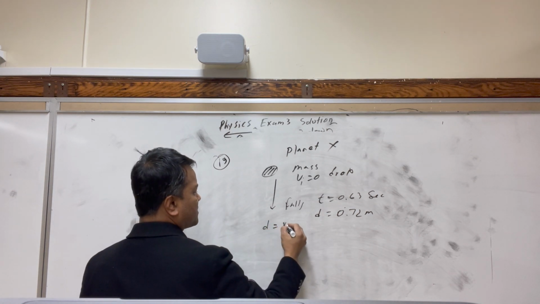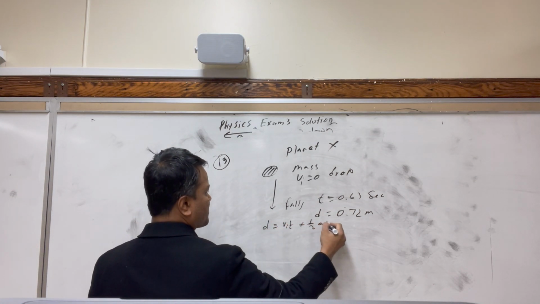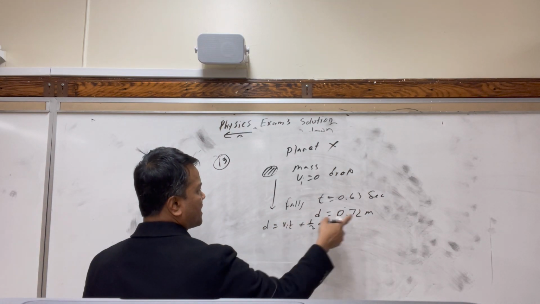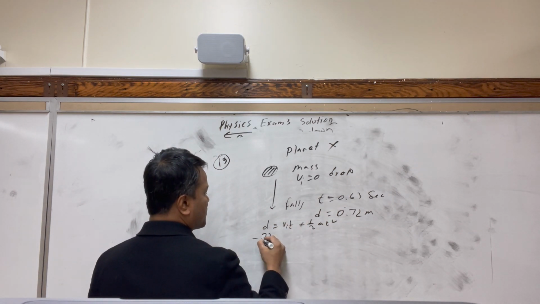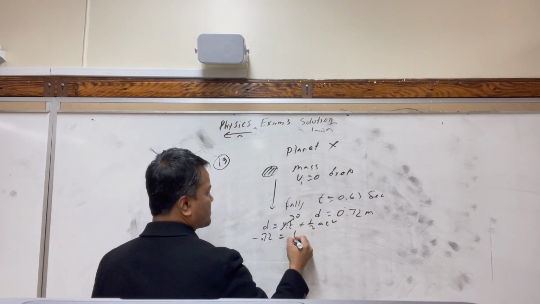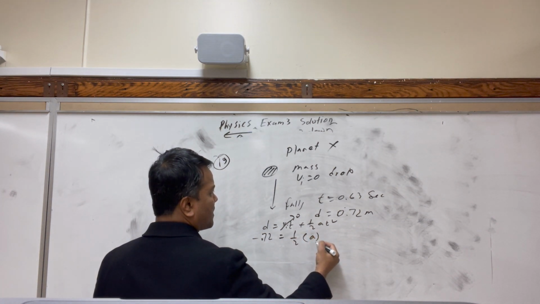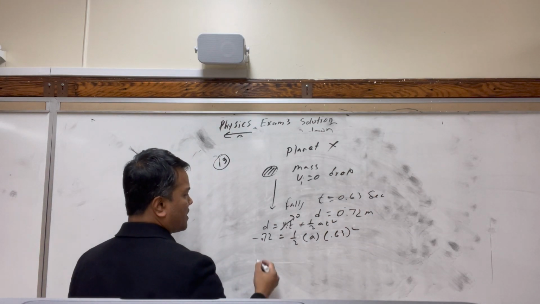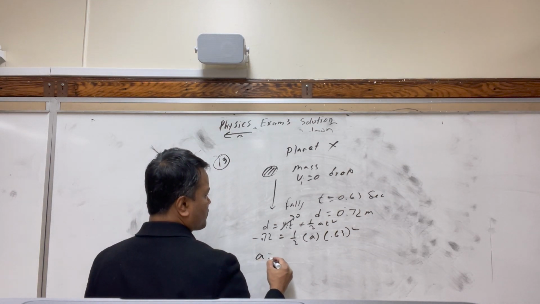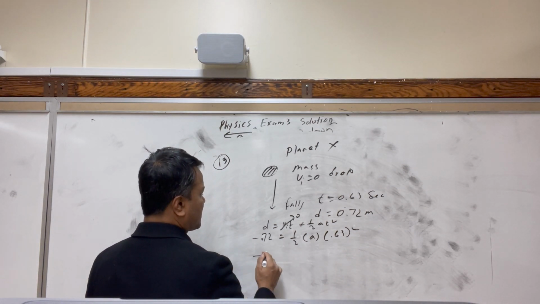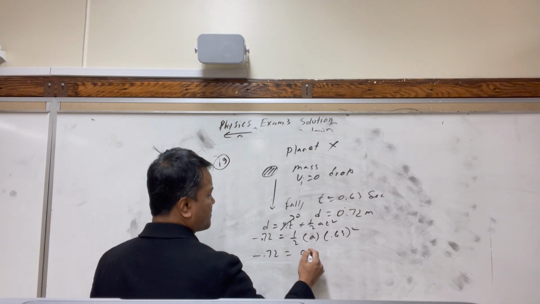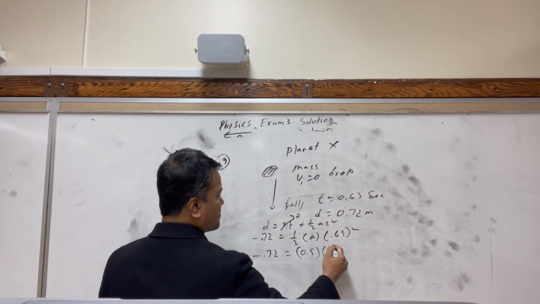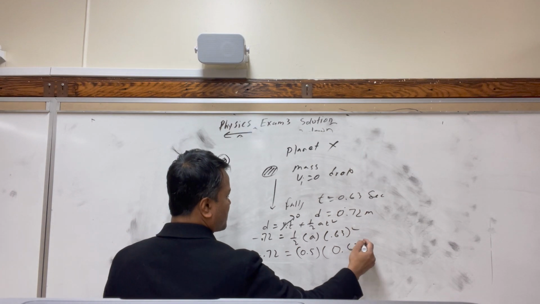d is equal to Vit plus half at squared, of course. d is negative 0.72. Velocity, of course, is 0, half a, that's what we find, and the time is 0.63 squared. So we can say negative 0.72 is equal to 0.5 times a times 0.63 squared.